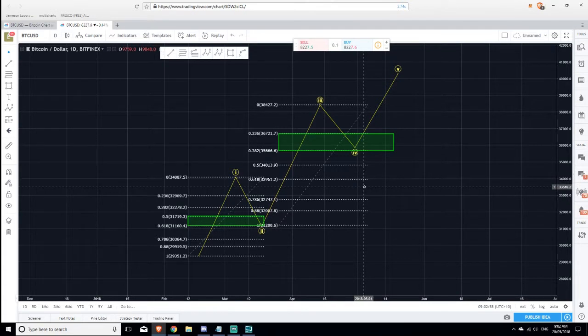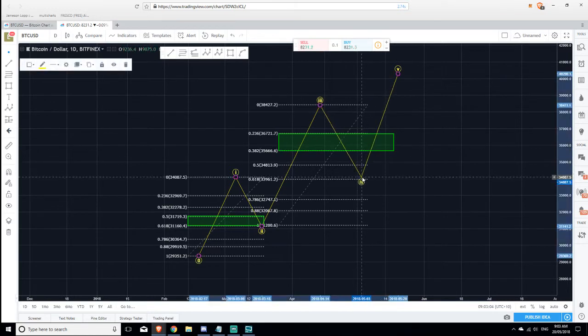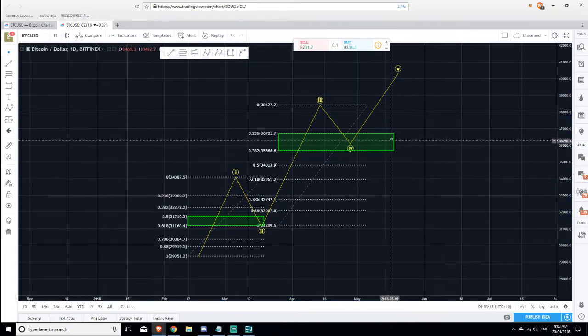Now, as long as the body of the wave 4 candle does not exceed the top of wave 1, it's valid, even with a really deep retrace, could be a 0.618, could be a 0.786, depending on the extension of wave 3. But most of the time, it'll form a correction inside here like that.